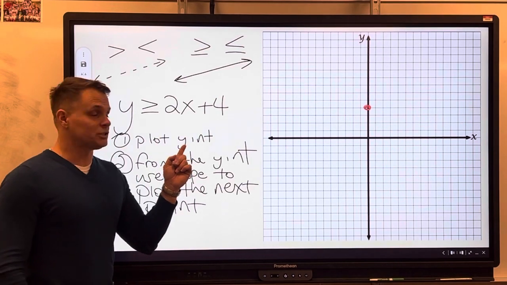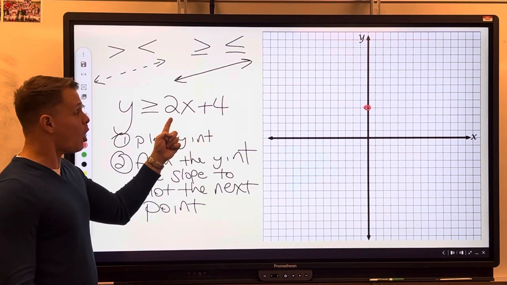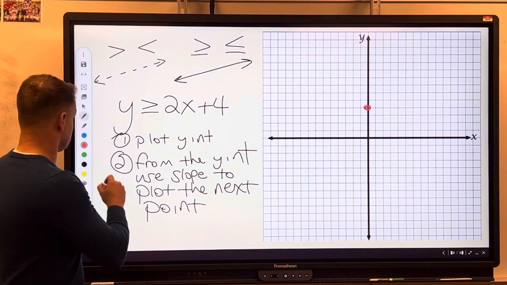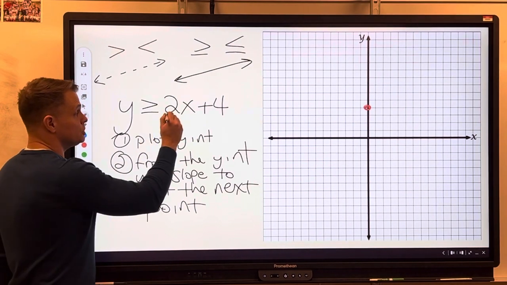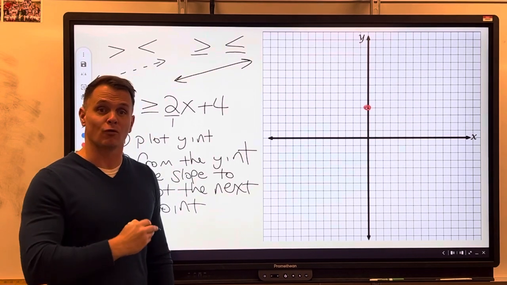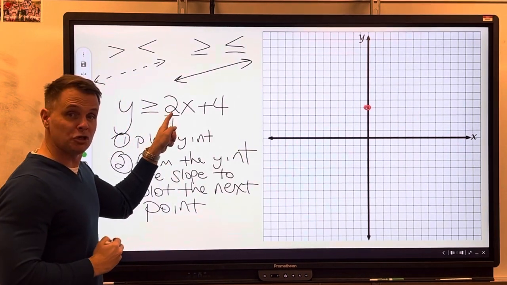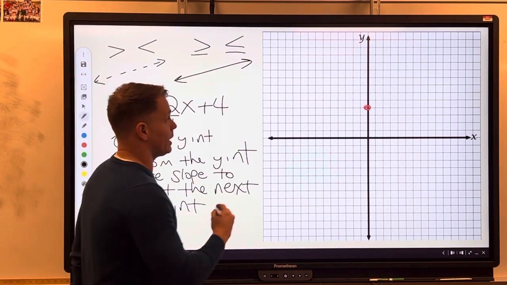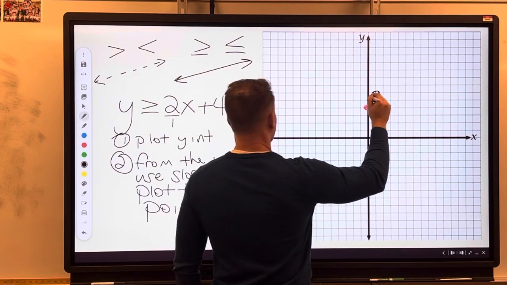The y-intercept is the 4, the slope is the number written next to x. So we have 2, which is, as a fraction, 2 over 1. Remember, slope is rise over run. So go up 2 and over 1 to the right.